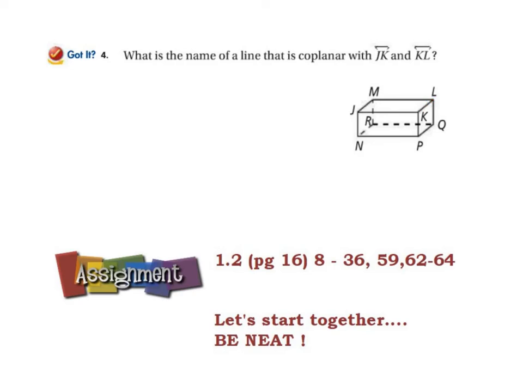So I have to find another line that's on the top of the box that will be coplanar. You have options. What's another line you think would fall on the top of the box? Hopefully you can see that ML would be one, or you might have chosen JM. Either one of those would be a line that would end up being coplanar.